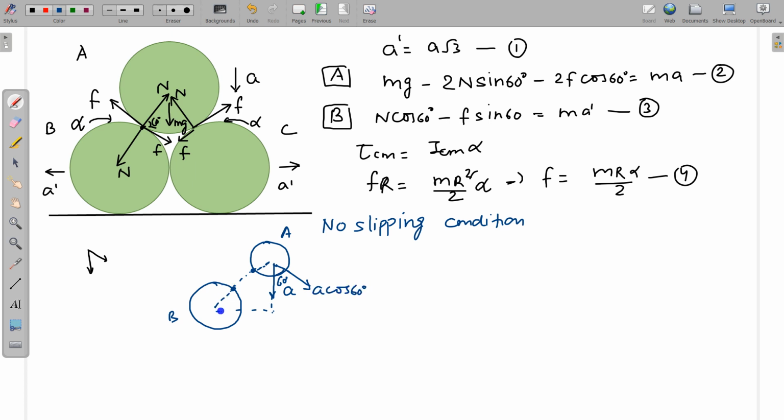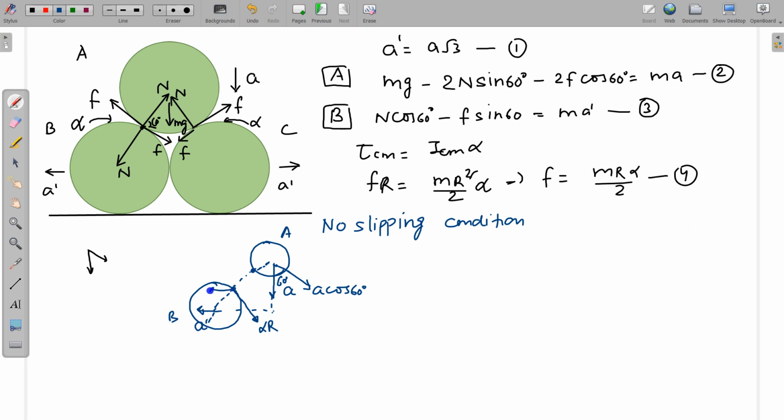For B, what is the component? This point has contribution from the translational acceleration and alpha. Due to alpha, it has tangential acceleration alpha into r in this direction, and due to A dash, you have to take the component of this A dash along this tangential direction.